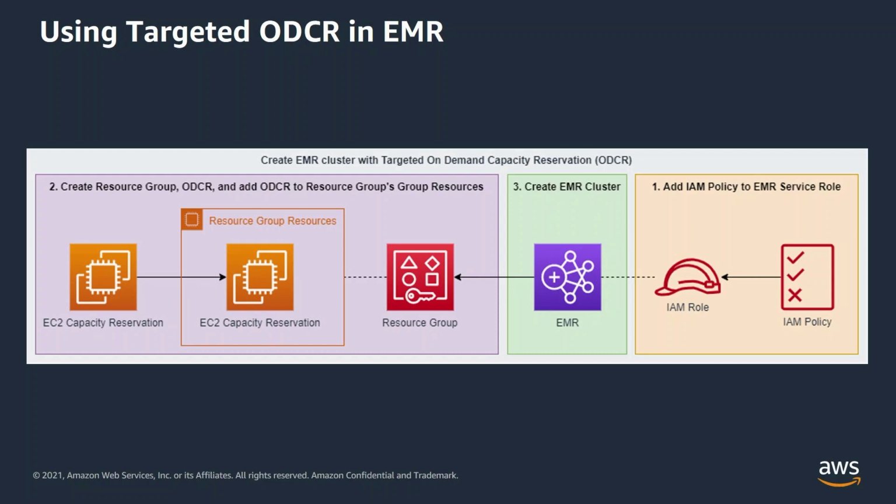Second, on the leftmost side, we create the capacity reservation and the resource group, then do an association between the two. Once associated, the EC2 capacity reservation will be in the group resources. Then when you're creating your EMR cluster, you have to specify your IAM role, the resource group, and then the use capacity reservation first argument.